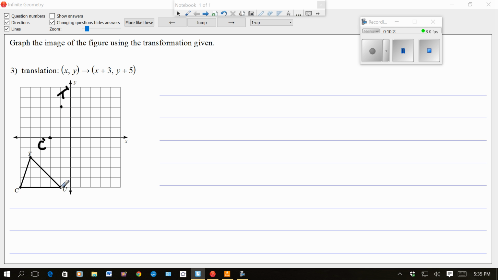U, move to the right 3, 1, 2, 3, up 5, 1, 2, 3, 4, 5, there's U prime. Connect them. Tell me which one's the image and which one is your pre-image. This is your pre-image. Here is your image.